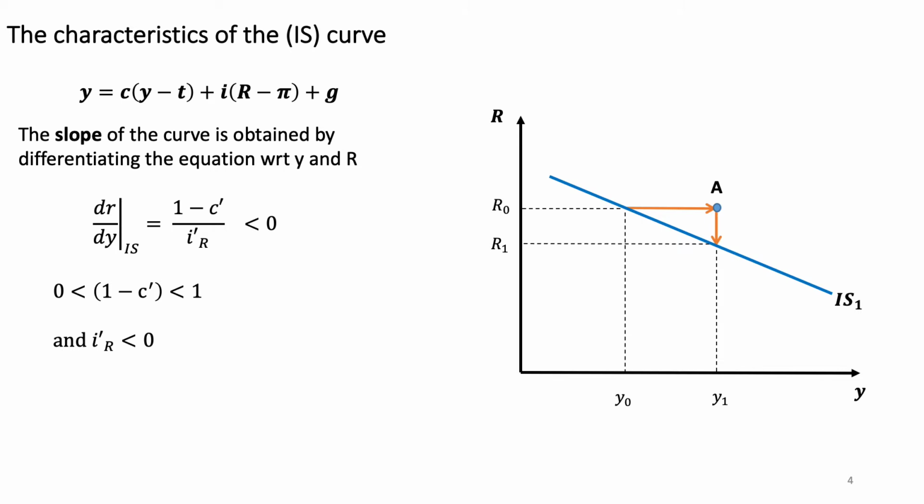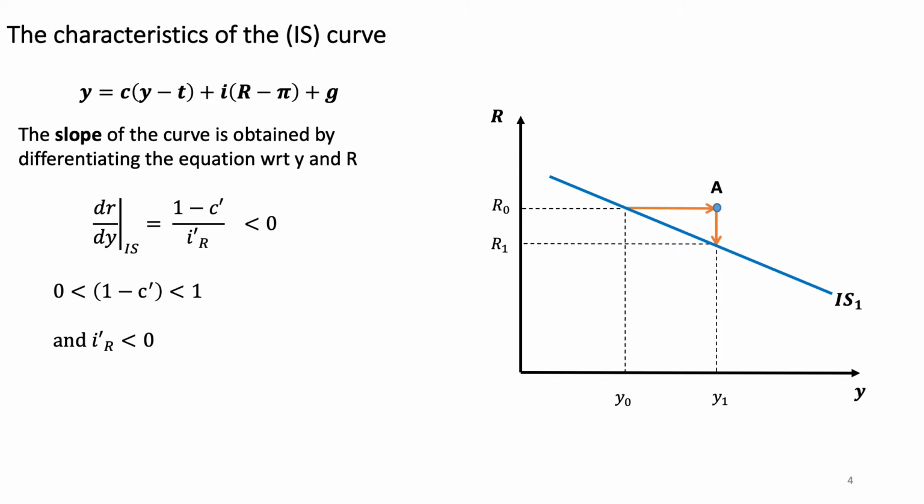In this economy, the decrease in the interest rate that is required to come back to the equilibrium is relatively low. We say that the investment is, in this case, sensitive to the interest rate.